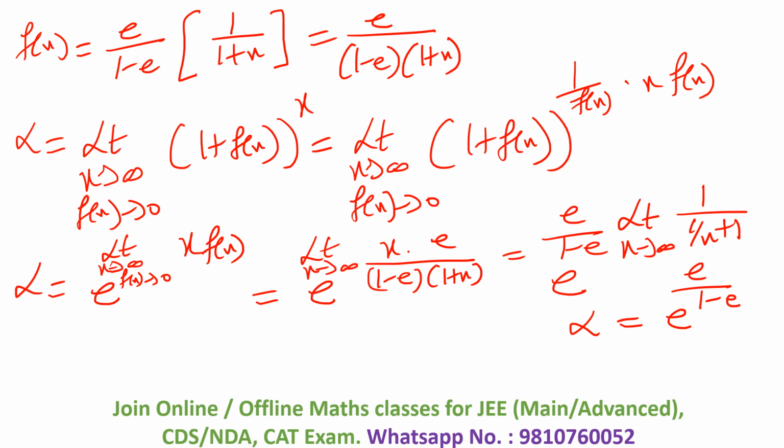Now students, we have to evaluate log of alpha to the base e divided upon 1 plus log of alpha to the base e. Now since alpha we have already got, so from here I can say log of alpha or ln alpha is equal to e upon 1 minus e. Now we will find the value of the required expression.